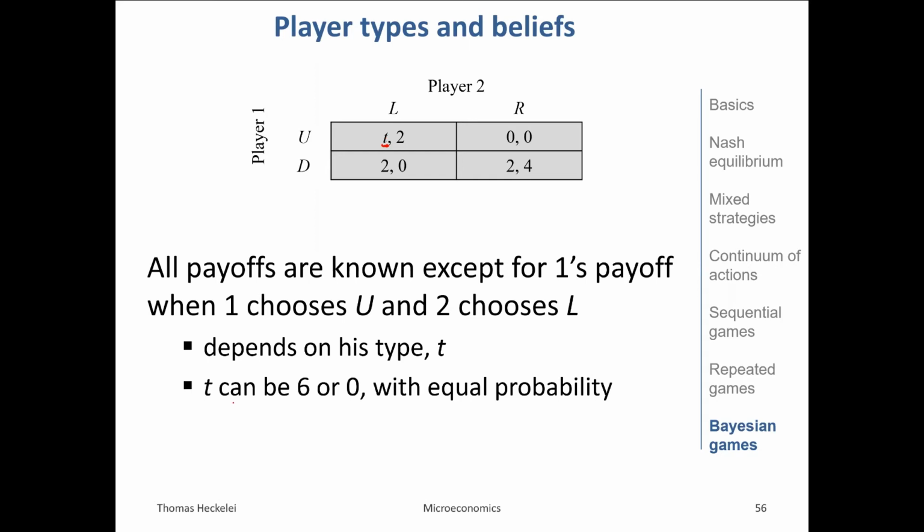And we assume also that T can be either 6 or 0, with equal probability. So P of T equals 6 equals P of T equals 0 equals 1/2. So that's the basic assumption of this simple game. I will show you on the board how the extensive form looks with the move of nature.